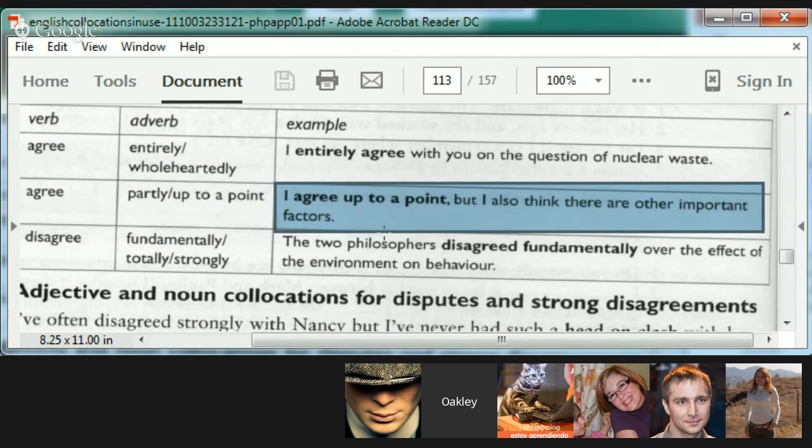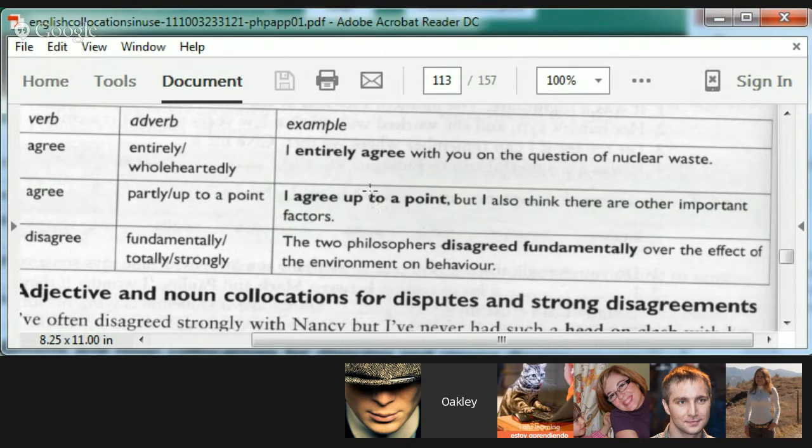I agree up to a point, but I also think there are other important factors. Okay, I agree up to a point. Not to be confused with I agree with your point. Up to a point means something else entirely. Okay, only so far.